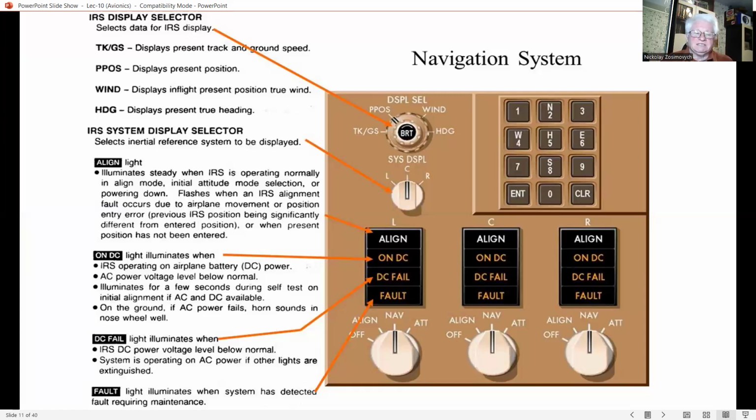The INS or IRS also derives the aircraft velocity vector in conjunction with the air data system, which provides barometric height information. This is of great assistance to the pilot when displayed on the HUD.